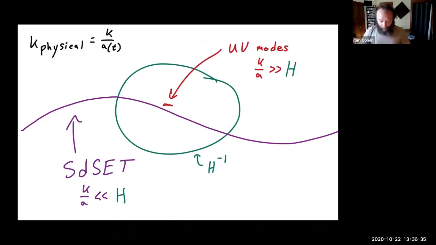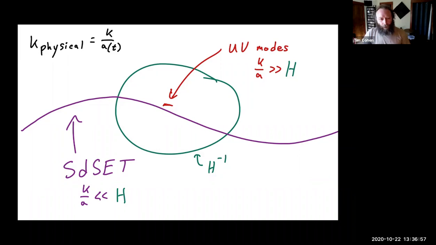Okay, so let's take some time to just set the stage. What's the physical picture we're talking about here? The study of long wavelength modes in de Sitter is actually quite an important physical problem for our universe because of the story of inflation.